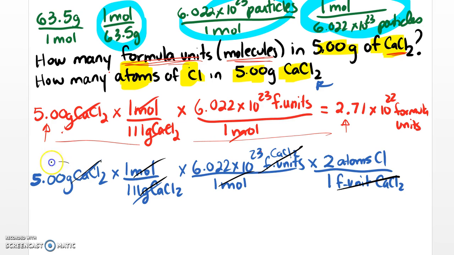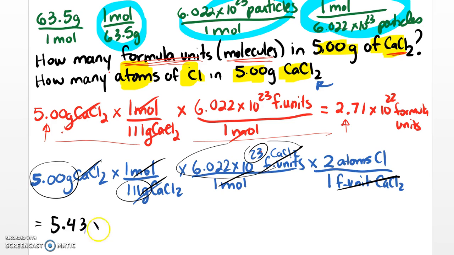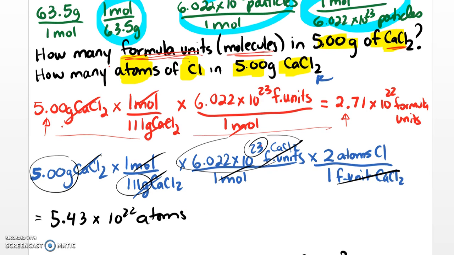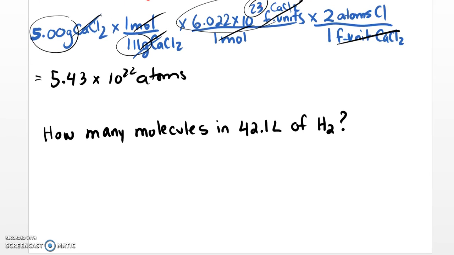And I put all these numbers in, so 5 divided by 111 multiplied by this, use the EE button for the 23, times 2. And that will give me 5.43 times 10 to the 22 atoms. So just be mindful of that: atoms and molecules.